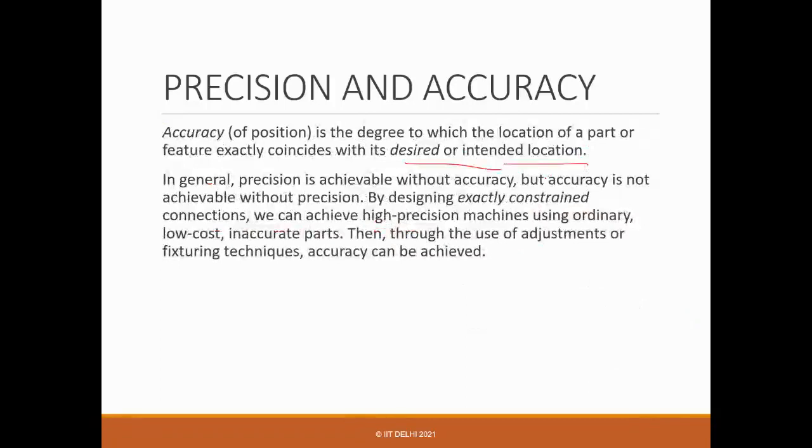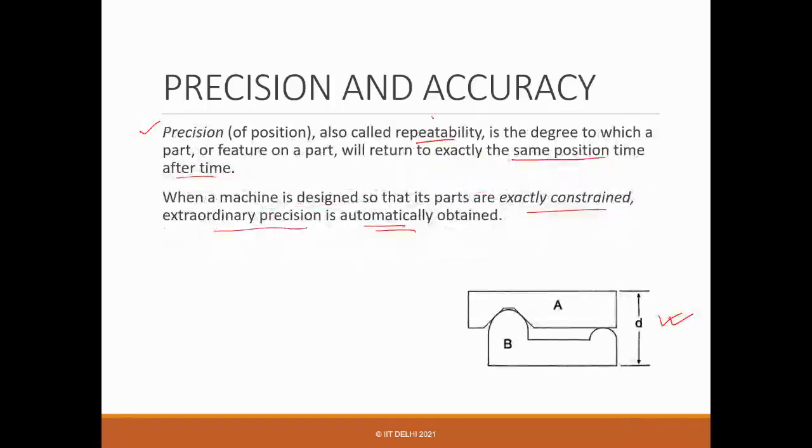So how far you are from the intended location or desired location. So what is it saying? Precision is achievable without accuracy, right? But accuracy is not achievable without precision. When we say precision, we talk about the repeatability. That's very important.